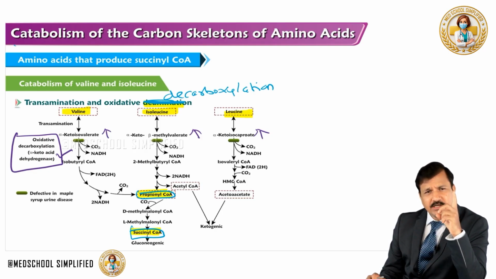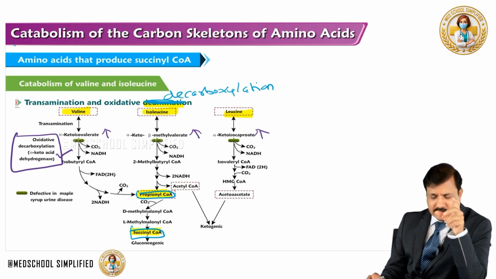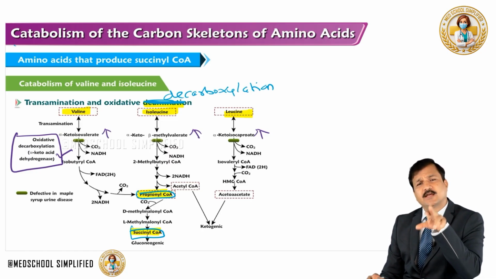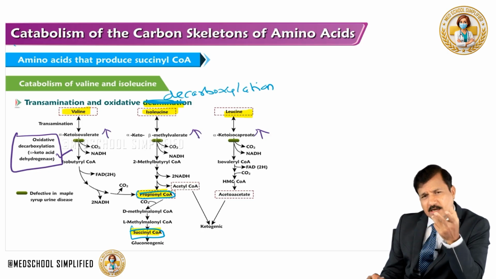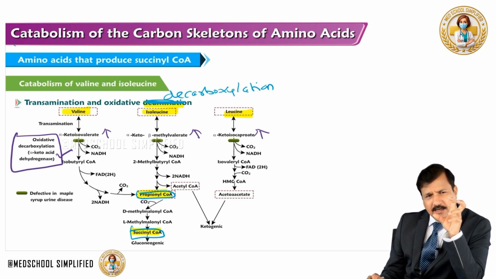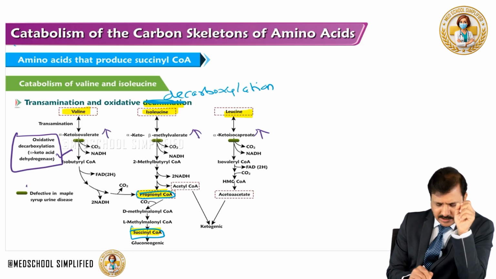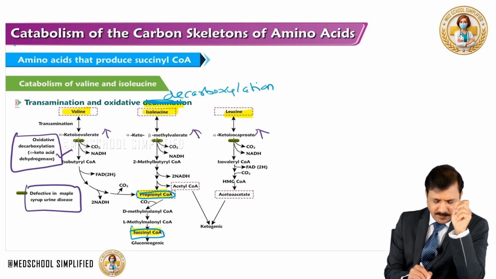Valine gives alpha keto isovalerate, is there in the name. Isoleucine gives alpha keto beta methylvalerate, leucine gives alpha keto isocaproate. They will all accumulate, and once they accumulate, they will lead to accumulation of valine, isoleucine, leucine in the tissues and appearing in the blood, because transamination is a reversible reaction. So the defect in the alpha keto acid dehydrogenase complex will give rise to a disease called maple syrup urine disease.